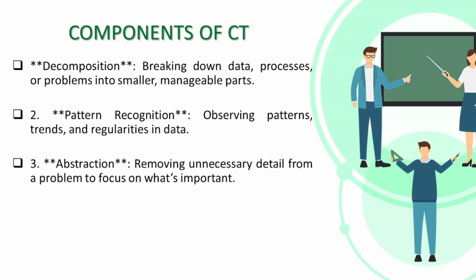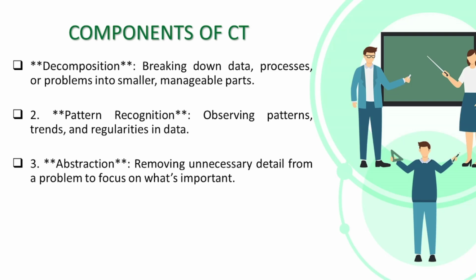Then there's abstraction, removing unnecessary detail from a problem to focus on what is important. So abstraction is, for example, I always use this simple example. You can learn how to drive a car without necessarily understanding the mechanics and the mechanism of car manufacturing. So those details have been hidden away from a car owner. So a car owner must not necessarily be a mechanical engineer.